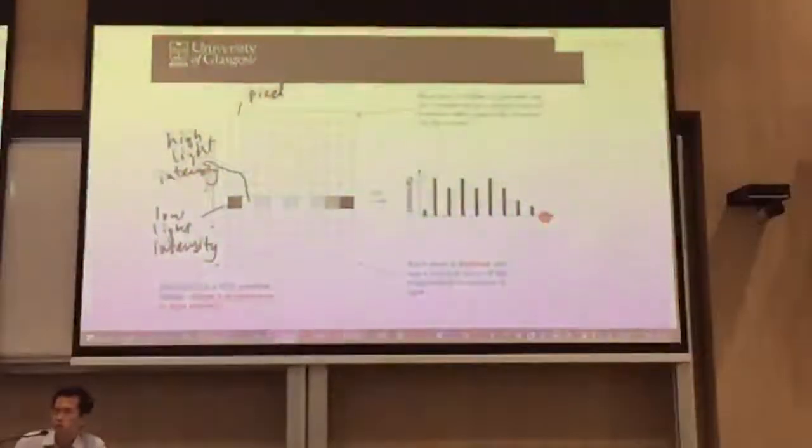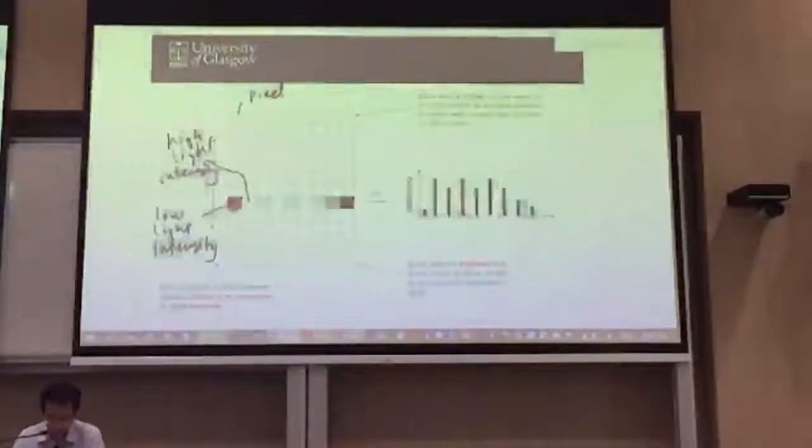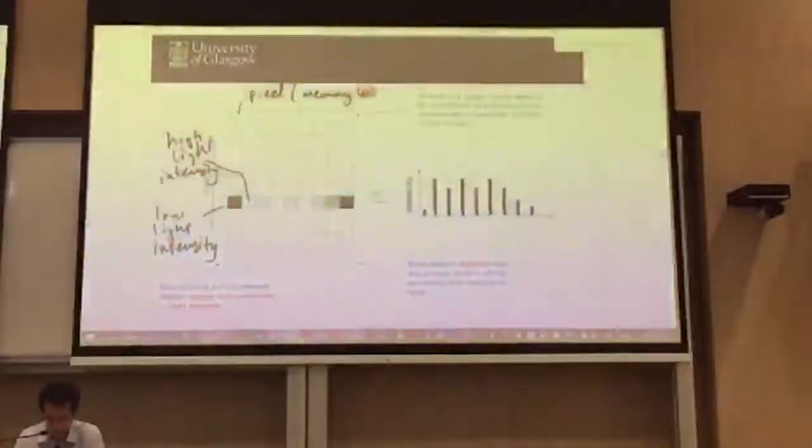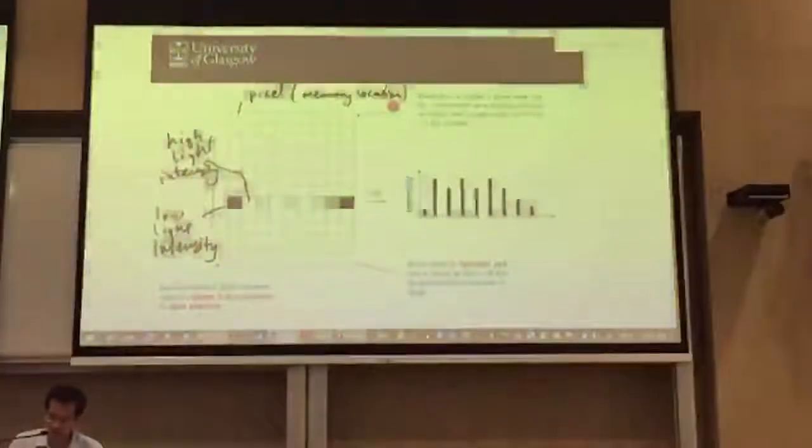This is how we digitize the image, pixel by pixel, arranging them side by side. Each of these pixels is actually a memory location residing in your computer. Later on, we'll see what this memory location means.